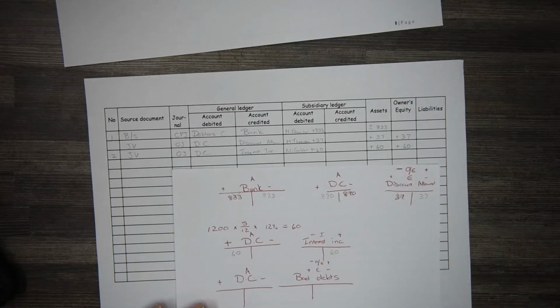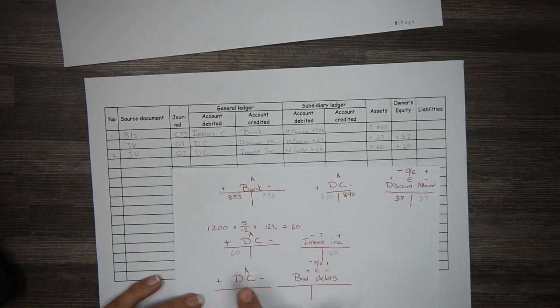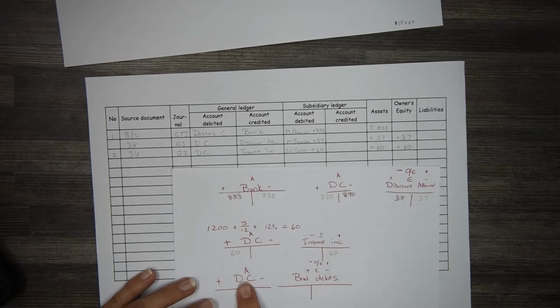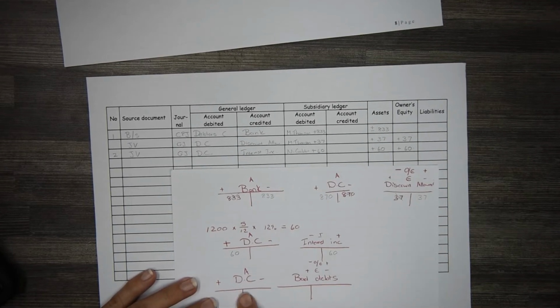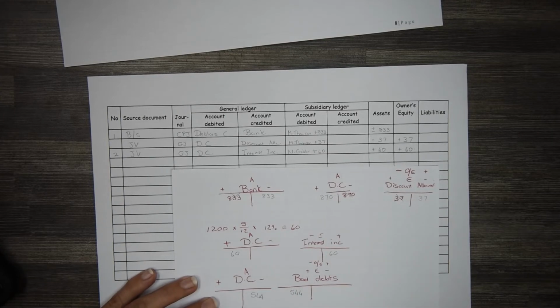Now what happens when I write off a debtor, I remove him from my books completely. So I'm saying this debtor is gone. So debtors control needs to reduce with the 544, and bad debts, my expense, will increase with the 544.